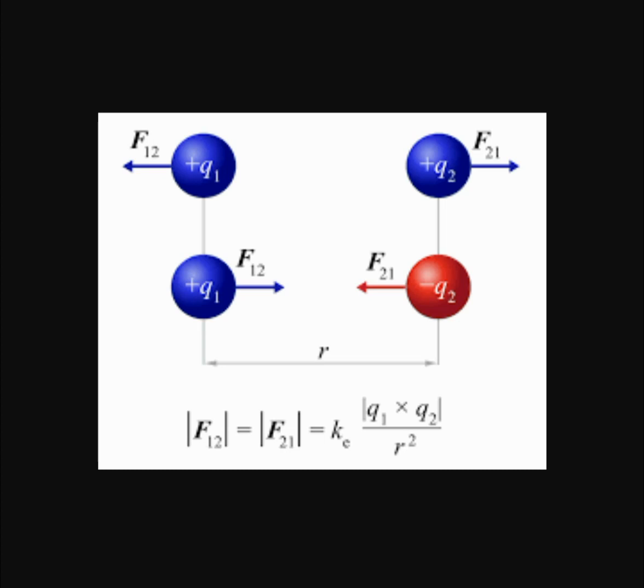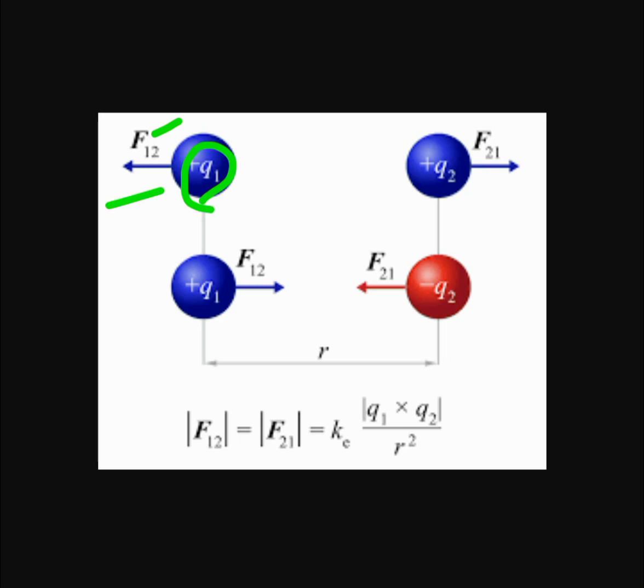Okay, now what if the two charges Q1 and Q2 are both positive in nature? You see here, this is positive and this is also positive. So again, the force exerted by Q1 on Q2 would be F12, but it will be shown as given by this arrow.